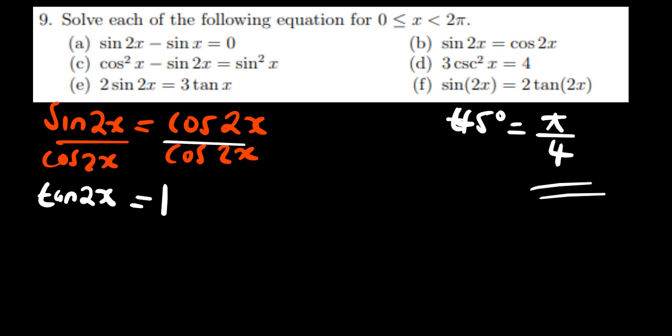Now we found the 45. How are we going to find another one? If you want to find the one in the next quadrant, what do you do? So we have 45. Which other one are we going to have? 180 plus, let's say in this quadrant you want that angle.